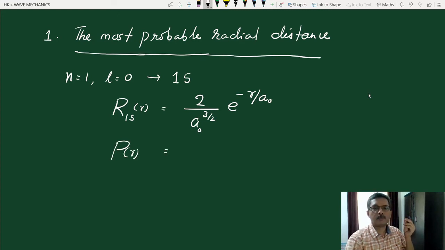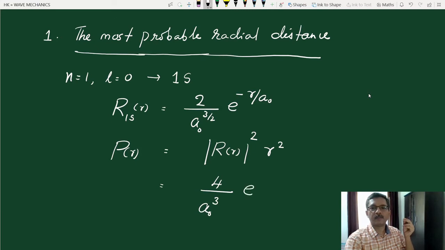The expression for radial probability is the radial wave function mod square times small r square, right? So this is equal to the square of the radial wave function, which is 4 by a0 cube e raised to minus 2r by a0, into r square.